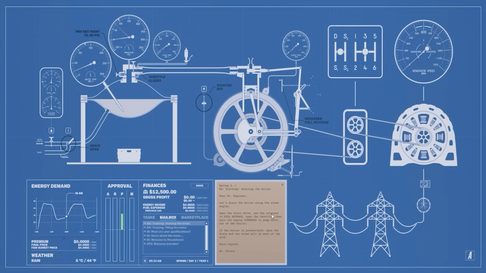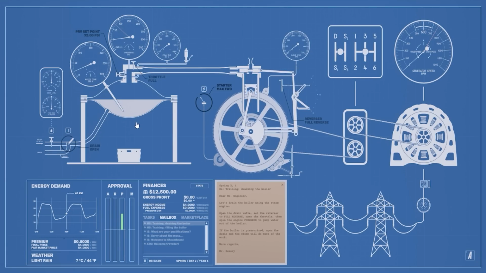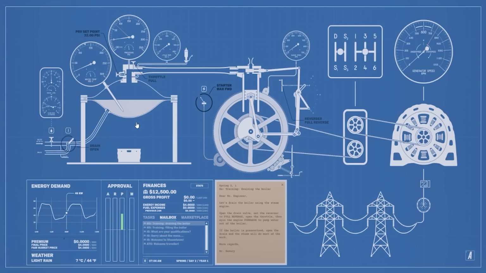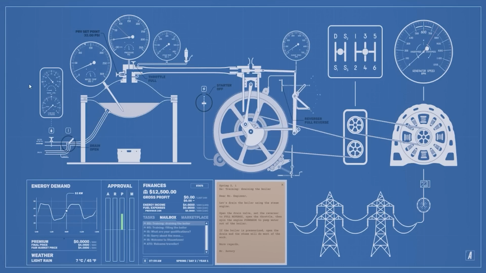Full reverse. And then spin it forwards to pump water out of the boiler. Forward. Guess we'll have to full throttle as well. And that will pump back over, I guess.